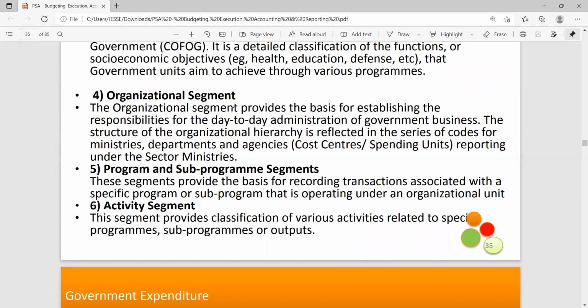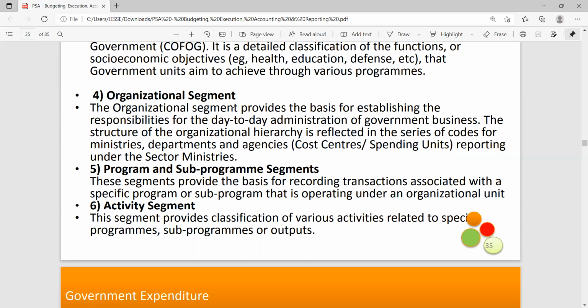It's very, very important. So there's a series of codes, right? If you want to understand the organizational hierarchy, it is reflected in a series of codes for ministries, departments, and agencies who are reporting under the sector ministries.